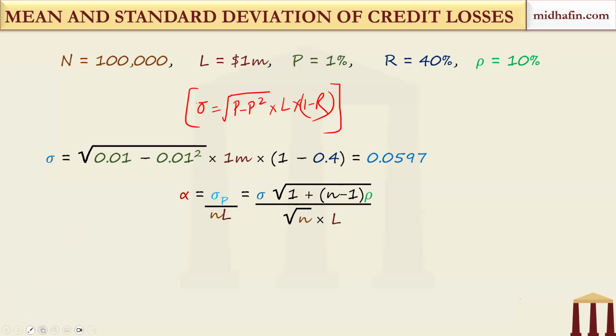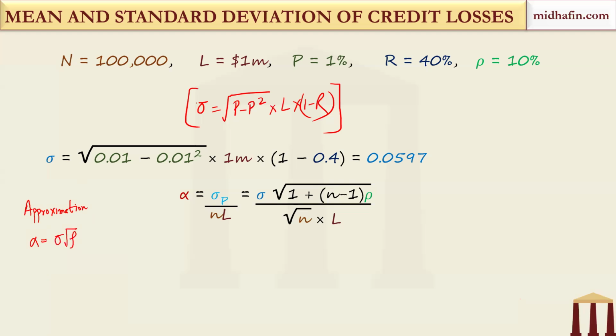Just a minute here. Let's just go for the approximation. Sigma root n is cancelled out, right?